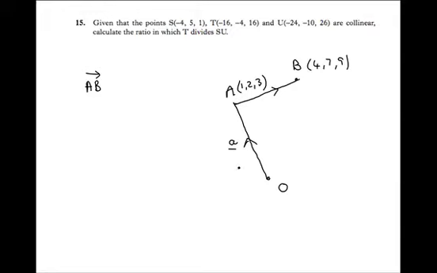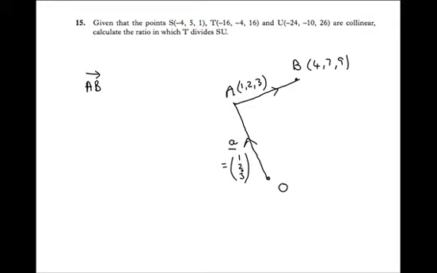The components of that journey, what must you do to get from the origin to the point that has coordinates 1, 2, 3? You have to travel 1 along the x-axis, 2 parallel to the y-axis, 3 up parallel to the z-axis to get the instructions for your journey. So these are the components of the position vector a of the point A, which has coordinates 1, 2, 3.